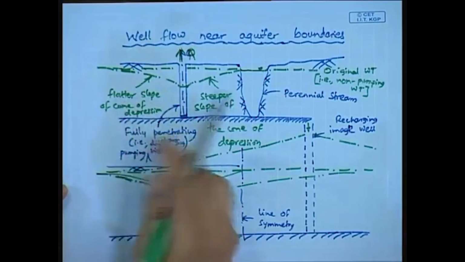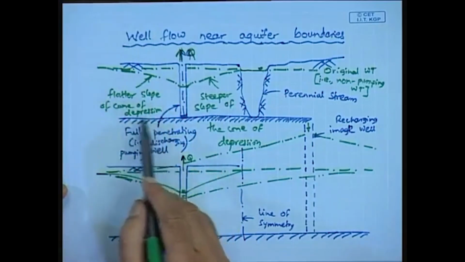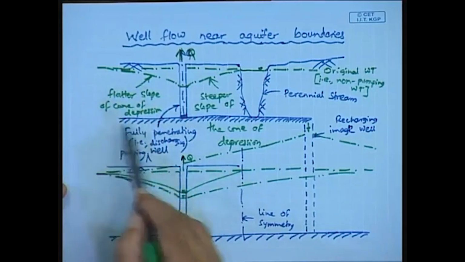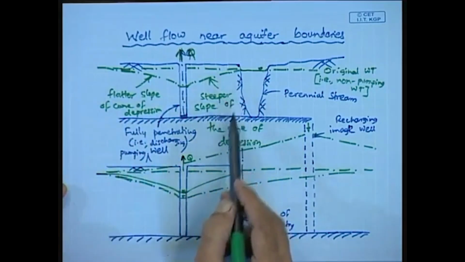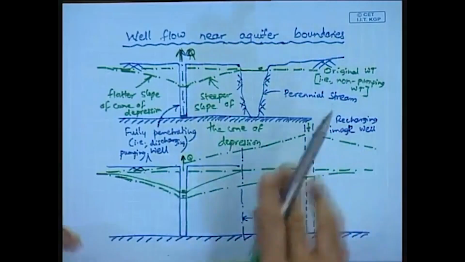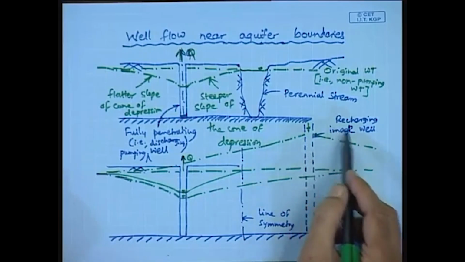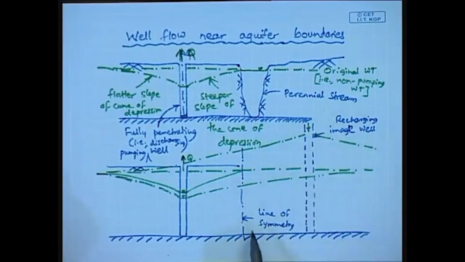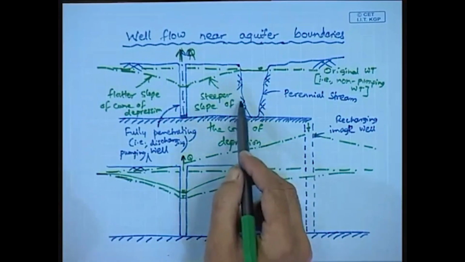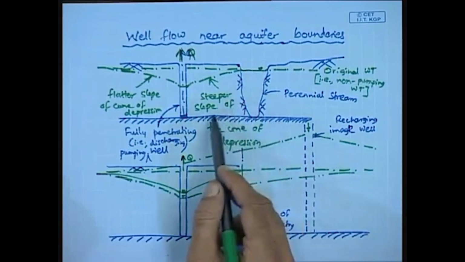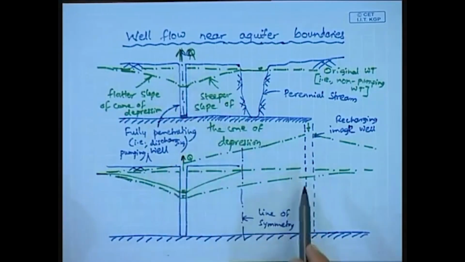shows this unsymmetrical slopes with a flatter slope on the side away from the perennial stream and a steeper slope towards the perennial stream. So, this can be explained by introducing an image well which is symmetrical with respect to the line of symmetry, which represents the nearest bank of the perennial stream to the discharging well.